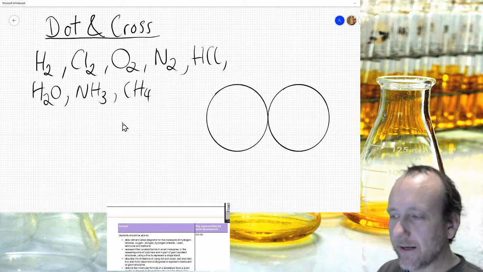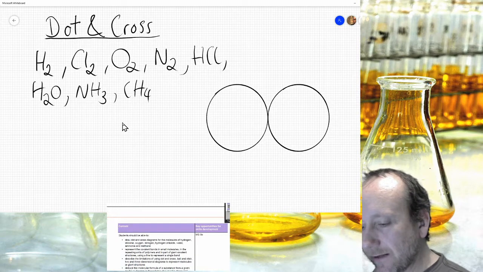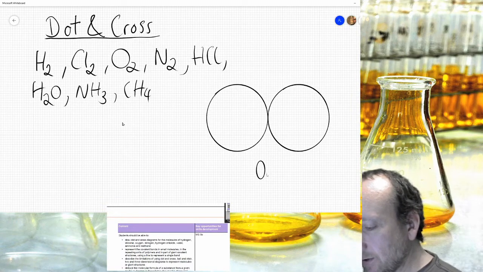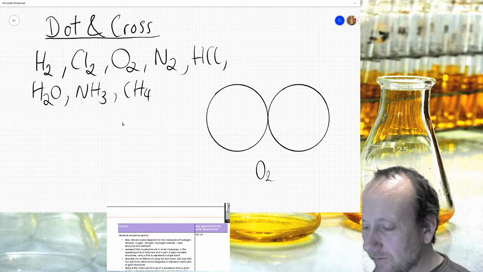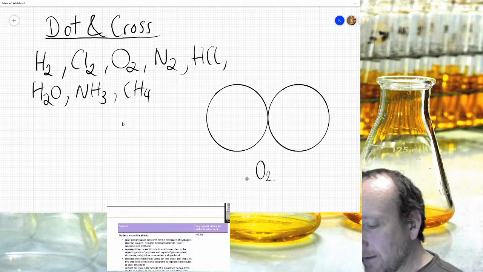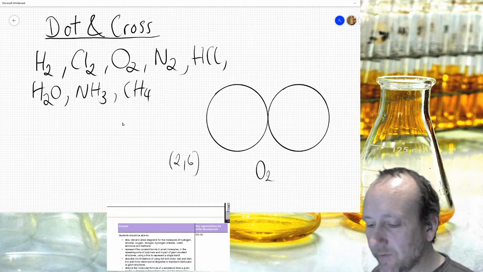That's a perfect diagram of 2 outer shells just touching. So the next one is oxygen, not nitrogen. Oxygen has atom number 8, and therefore an electron configuration of 2, 6. It's in group 6.